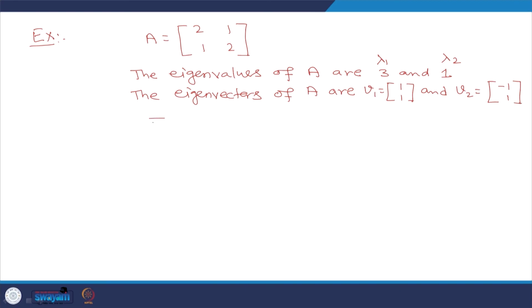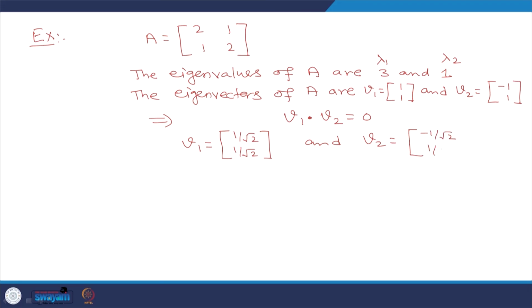Now you can verify V1 dot V2 equals 0, which means they are orthogonal vectors, and it is obvious because they are eigenvectors of a symmetric matrix. Now, let us make them orthonormal. So, V1 equals (1/root 2, 1/root 2). Each element of V1 I have divided by the length of V1, and V2 equals (-1/root 2, 1/root 2).